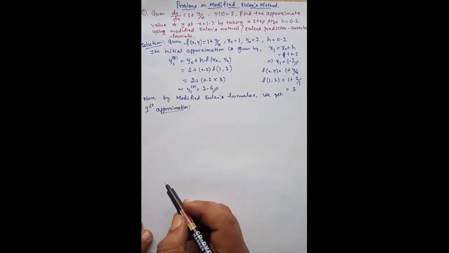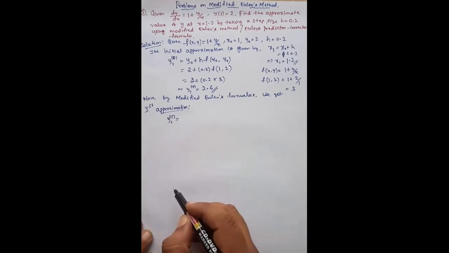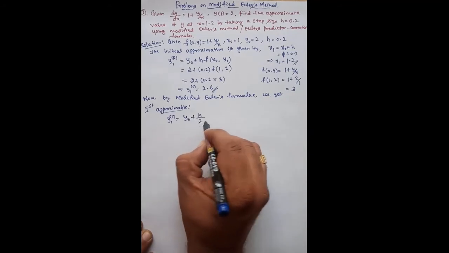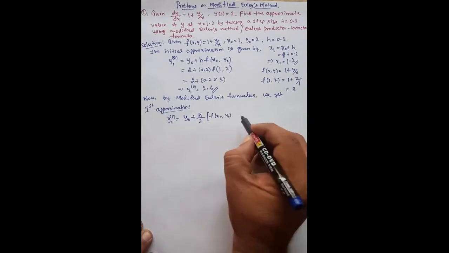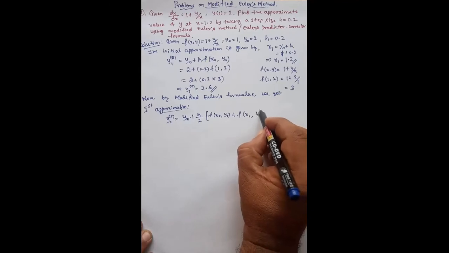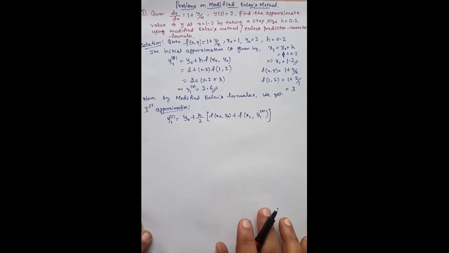What is the formula for the first approximation? It is y1 power 1 equals y naught plus h by 2 into f of x naught comma y naught plus f of x1 comma y1 power 0. This is the formula which calculates the first approximation in modified Euler's method.